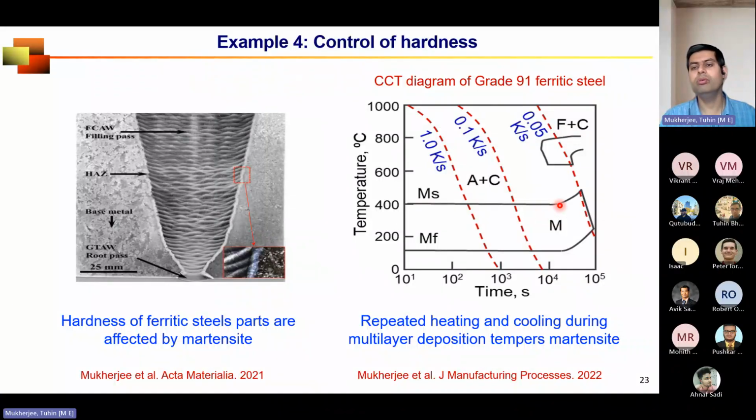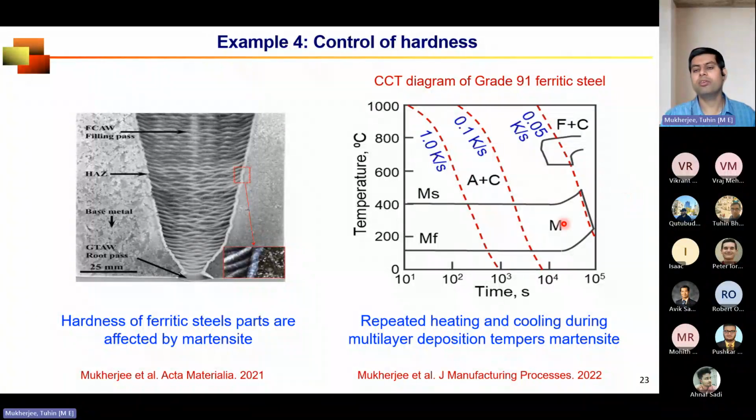You may know that if you cool steel very rapidly, you will end up forming martensite. Martensite forms depending on cooling rate, but for this material you see the critical cooling rate above which it forms martensite is very low. It's 0.05 Kelvin per second. Above that cooling rate, it always forms martensite.